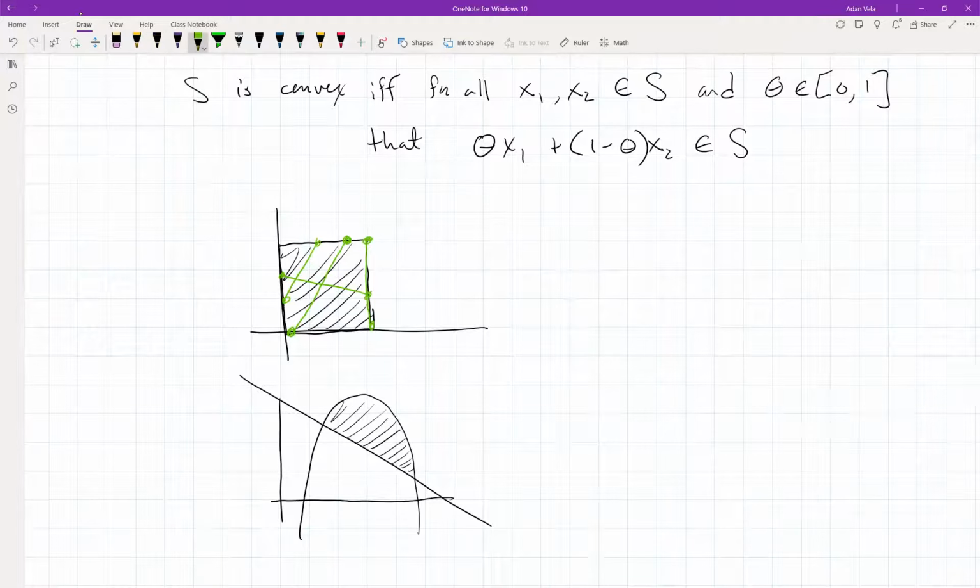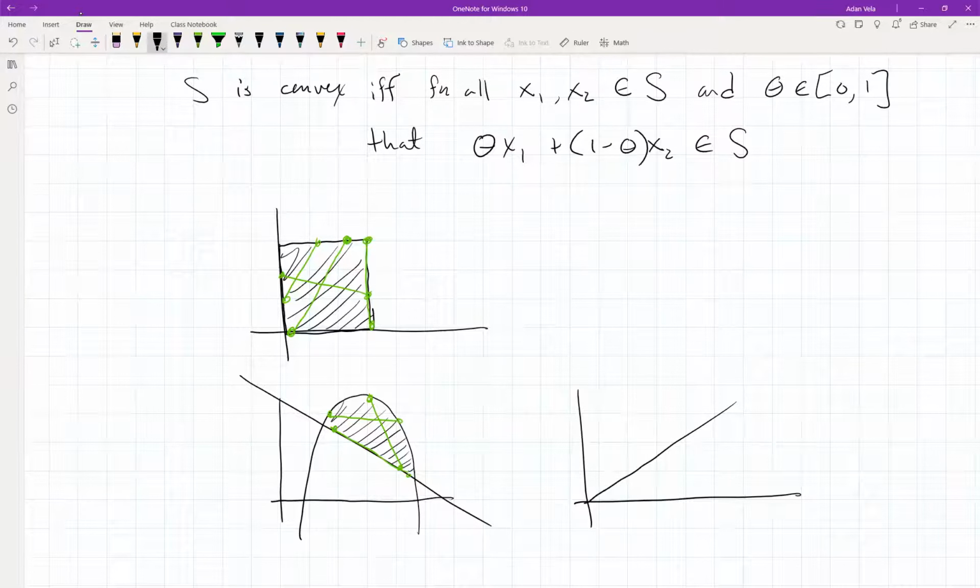This is also a convex set. I could pick any 2 points, no matter where they are, and if I draw the line connecting them, that line is still within the set. This even works for infinite sets. So let's say I had a pie slice here that went off to infinity.